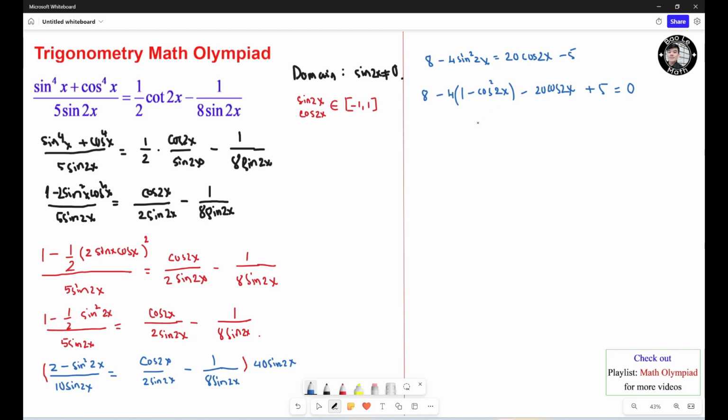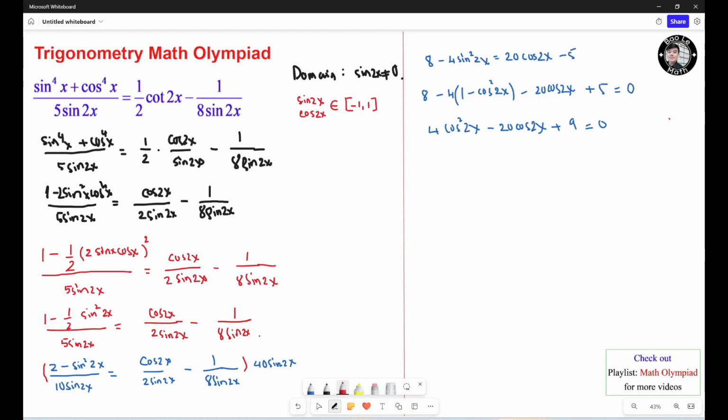Now distribute and simplify. We get 4 cos^2 2x, then negative 4 plus 8 is 4, minus 20 cos 2x, and then 4 plus 5 is 9, equal to 0. Now this is a quadratic equation with respect to cos 2x.